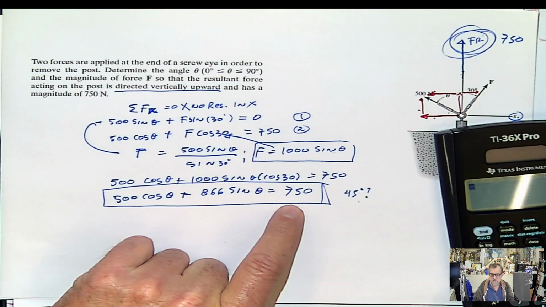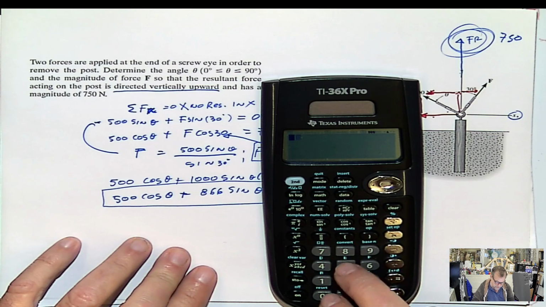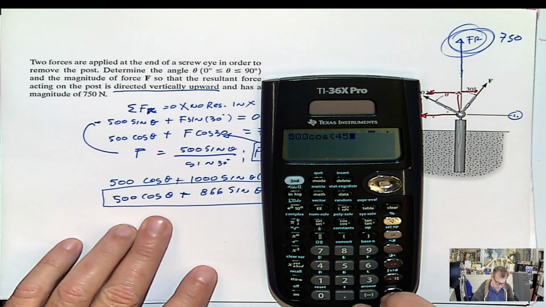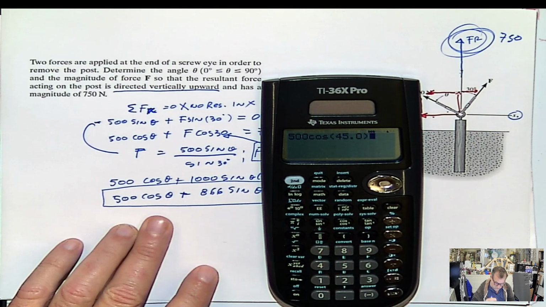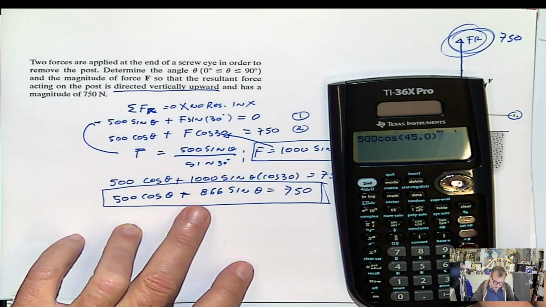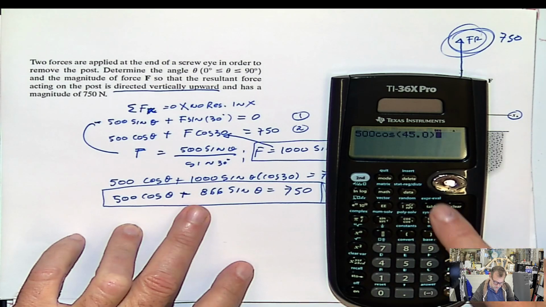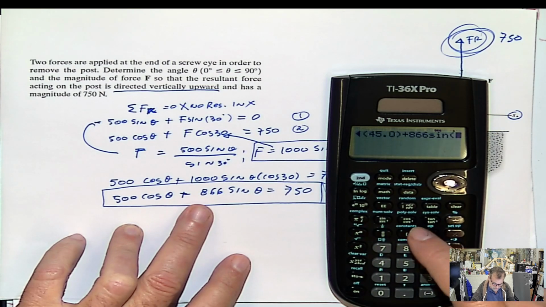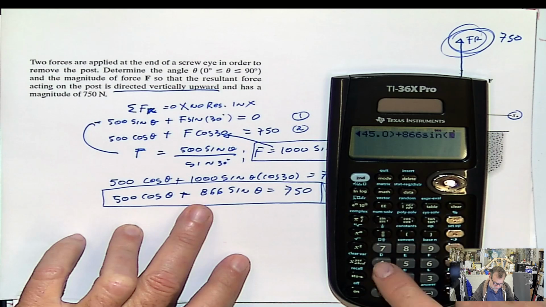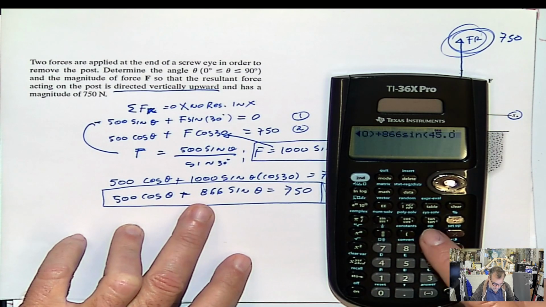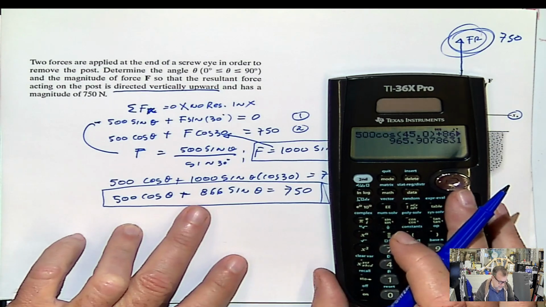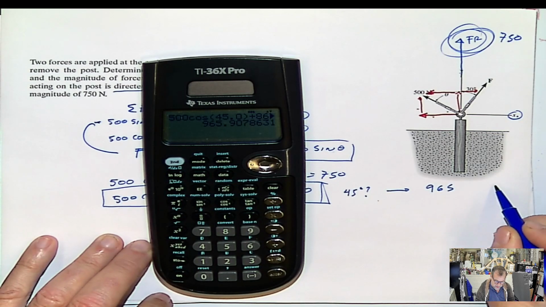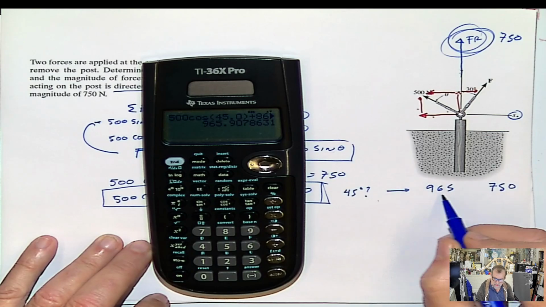So let's put the equation here. 500 cosine 45.0, which is the same, but I know I don't have to substitute anything later on, plus 866 sine, and I'm going to put the angle as 45.0. And I hit enter. And that's 965. And our target is 750. So this is not it.